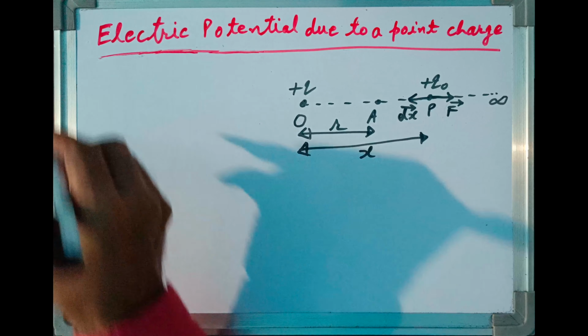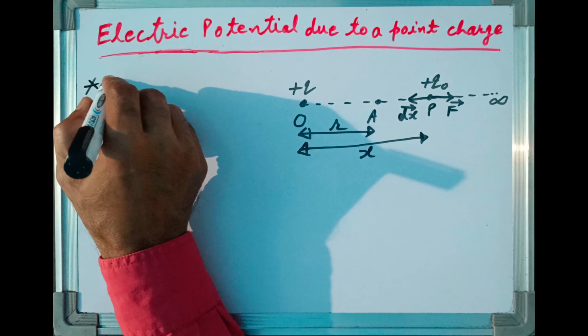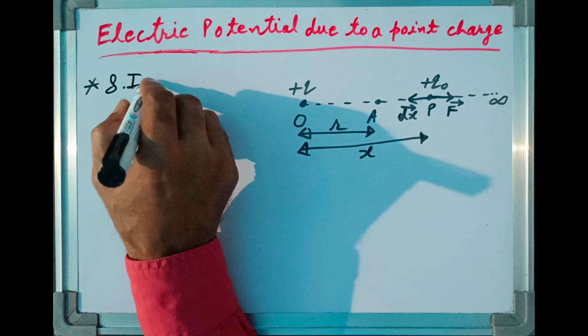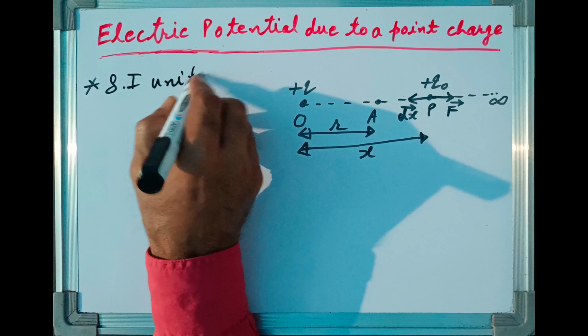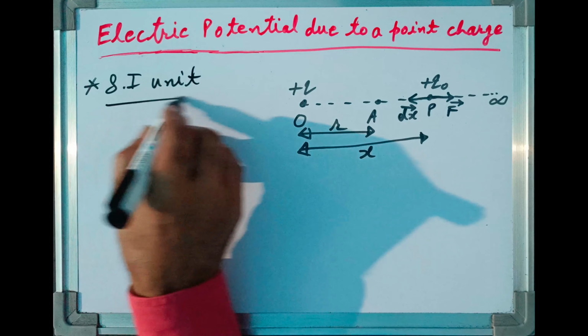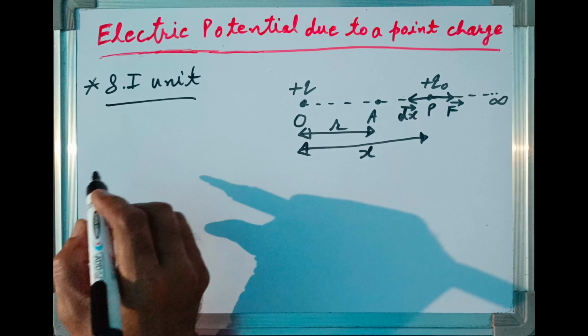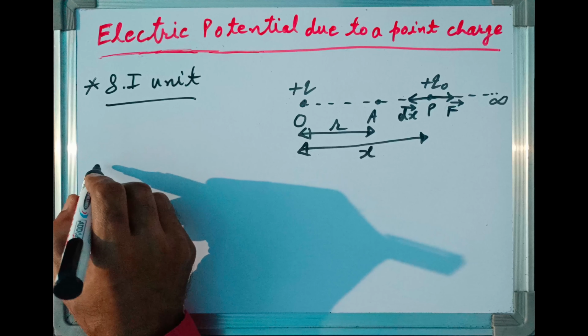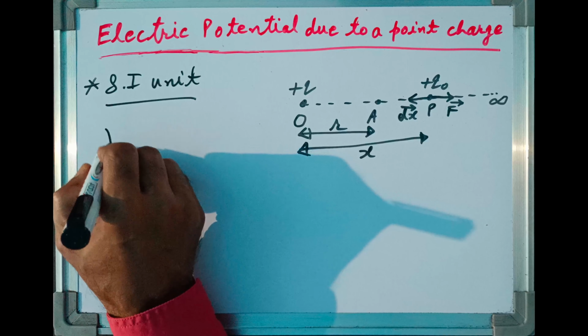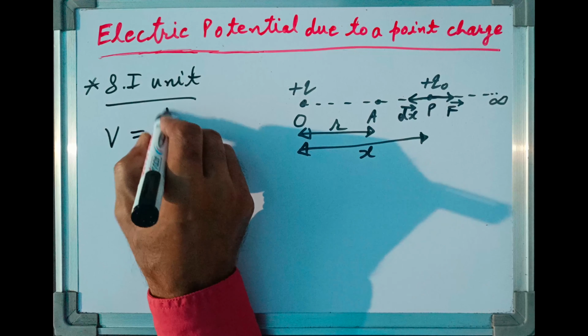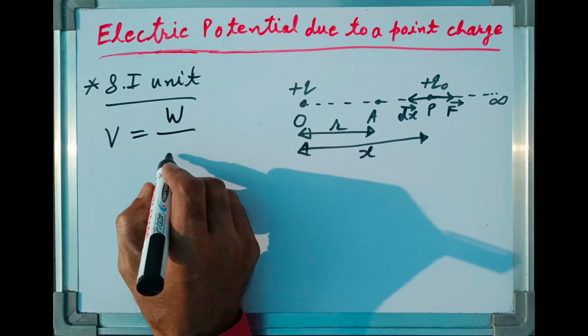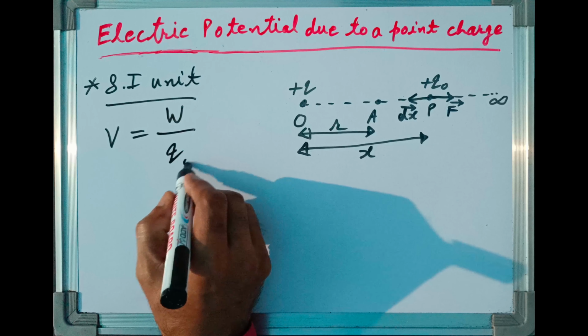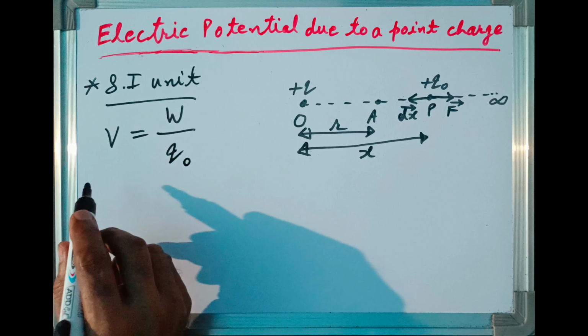The next point I want to share is what is the SI unit of electric potential. SI unit of electric potential can be defined from the definition of electric potential. It is the ratio of work to charge, just as I have defined.